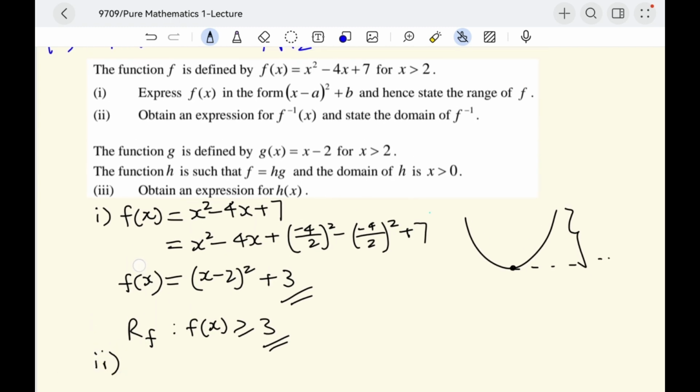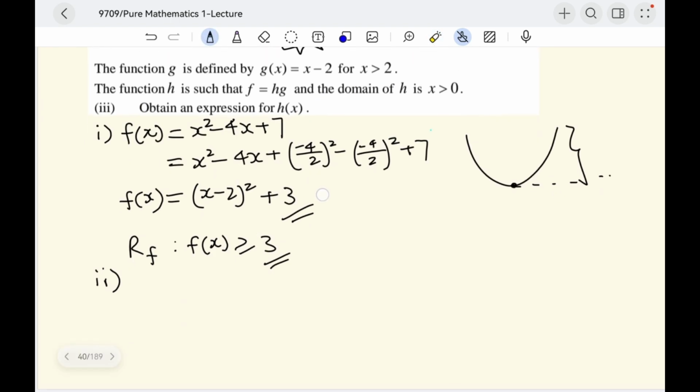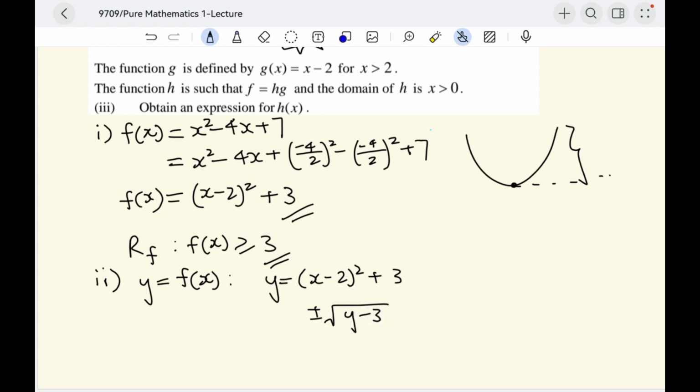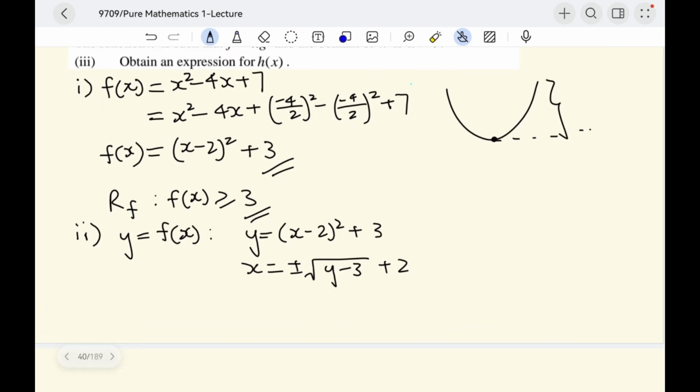Second part, obtain an expression for f inverse x and state the domain of the f inverse. Let's deal with this part first. As always, let y equals f(x) before carrying out the inverse process. So you have plus or minus the square root of y minus 3, and also plus 2. Next, divided into two cases.